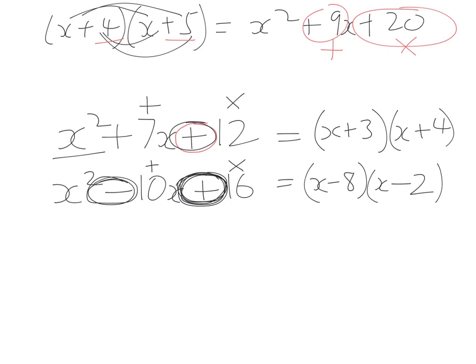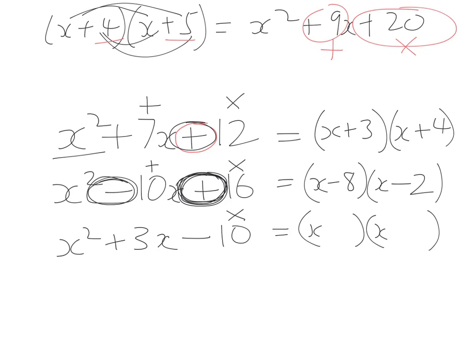So there's 2 variations. Now the next variation might be something like, okay, 2 brackets. So we need 2 numbers that times together to give you 10.